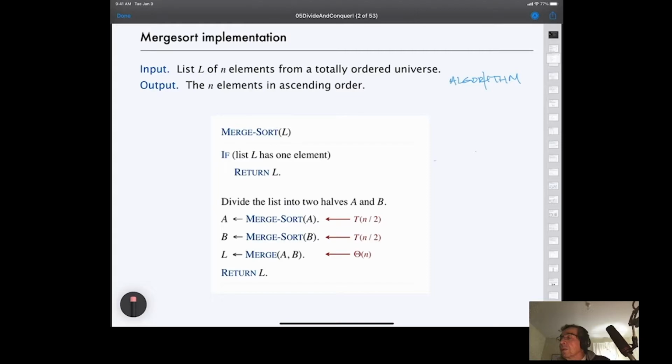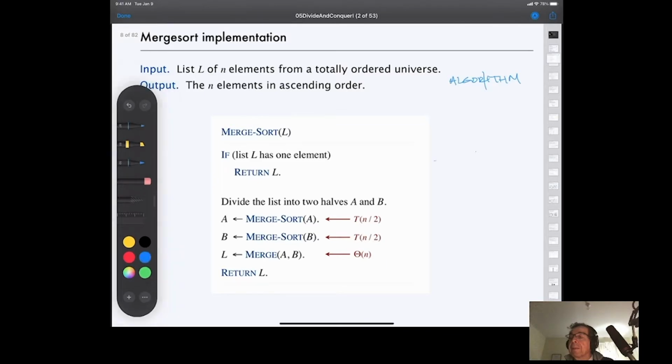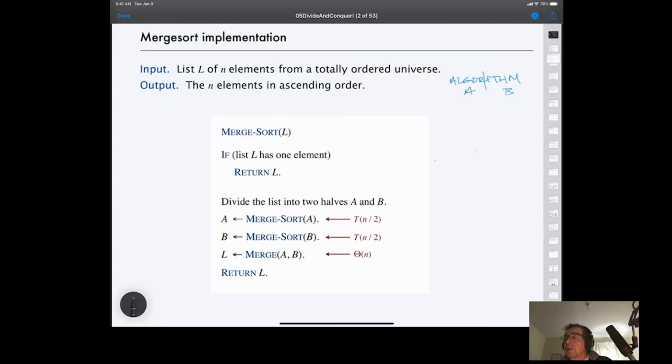Then we would divide that input into two parts, A and B. A would be ALGOR, and B would be the word ITHM, the subproblem ITHM, and then we would submit this to merge sort.